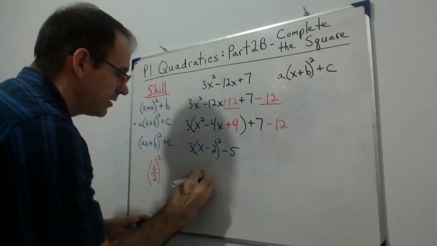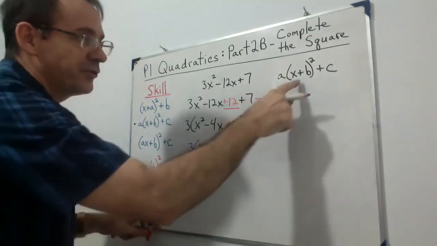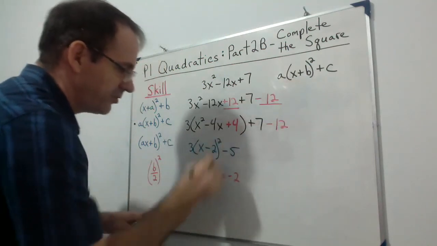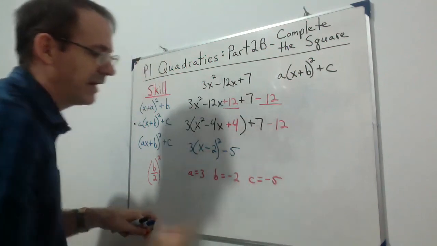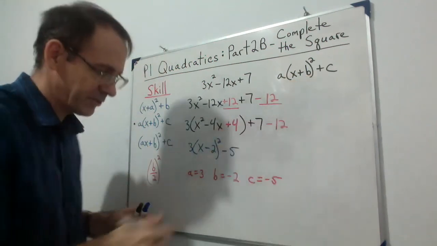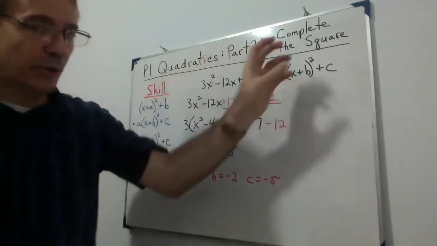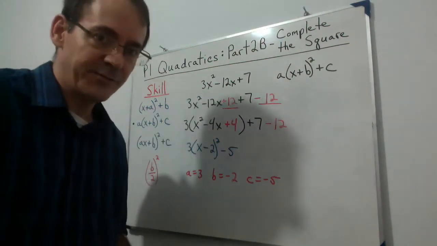A is equal to the 3, B is equal to the negative 2. The sign was not provided, so we need to put it in there, minus 2. And then the C is minus 5. Again, the negative was not provided, so we need to include it. So there we go. That's the complete working out of this middle level of difficulty.